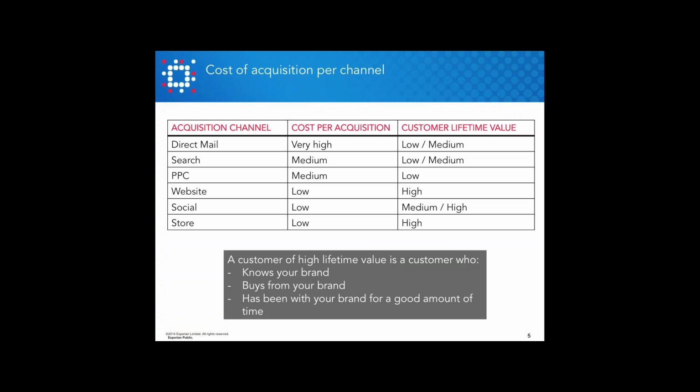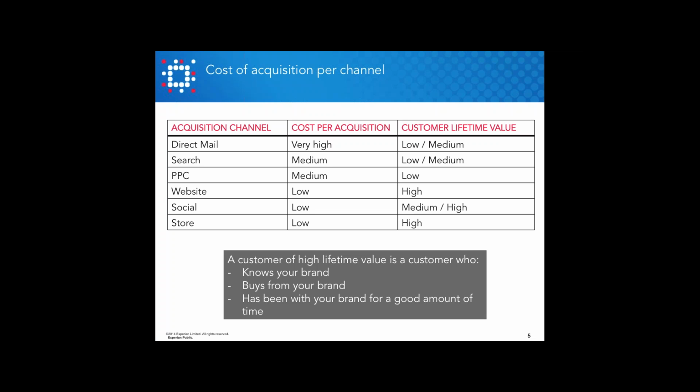As you can see on the table here, you have different channels on the left-hand side, which are with an associated cost per acquisition and the expected customer lifetime value. Let's take a look at the direct mail, for example. I think we will all agree that this channel is very pricey due to printing and delivery cost, and because the chance of targeting someone who knows your brand is quite slim, nor do you know if they have previously purchased from you, the lifetime value of this customer is not going to be the best.